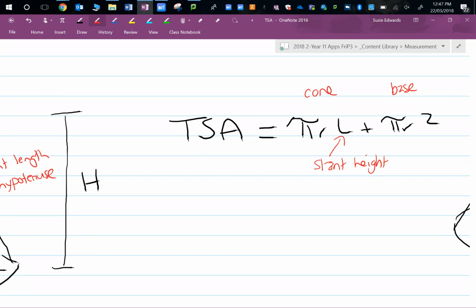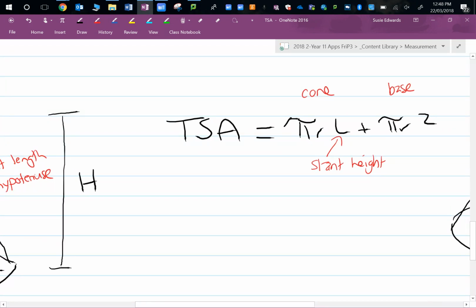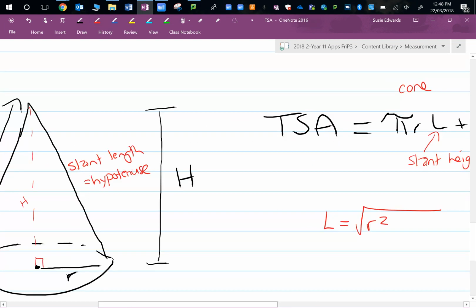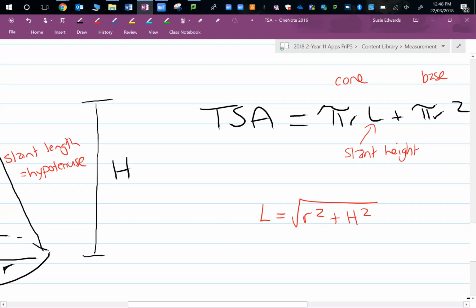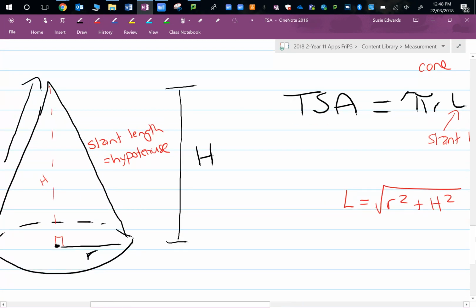All right, so if instead I didn't get told L and I wanted to work out what the slant height was, but I did have R and H, how would I find L? R squared plus H squared. So if you think about it, slant length is the square root of R squared plus H squared because it's Pythagoras. If you look at this, the two shorter sides squared.